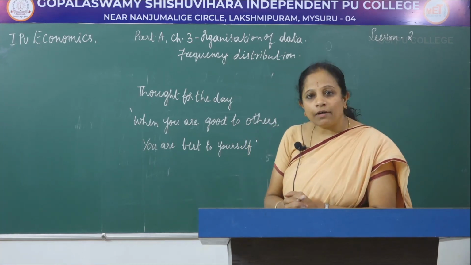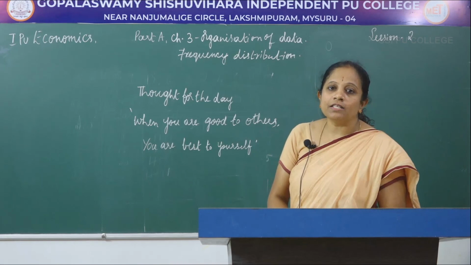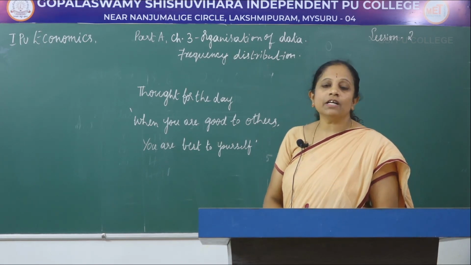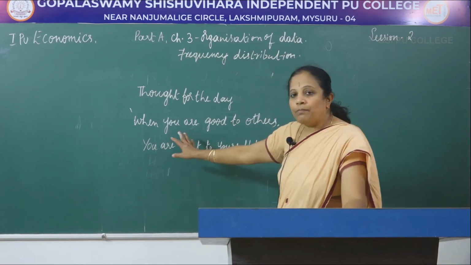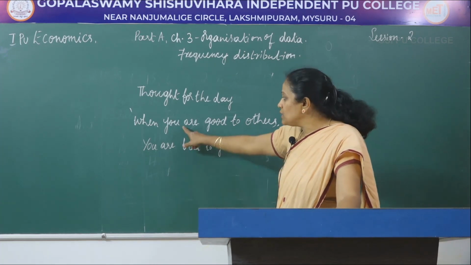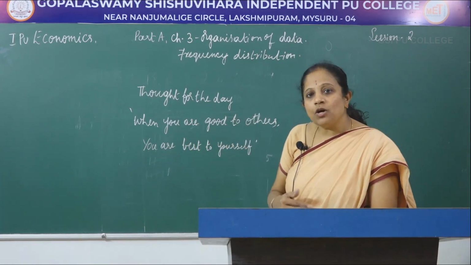For any kind of achievement, the very basic thing is self-confidence, and if we do not have that self-confidence, then it is very difficult to conquer the struggles of life. Therefore, the best way to conquer the different types of struggles that come across in our way is that we should first be good to others, then we turn best to ourselves.